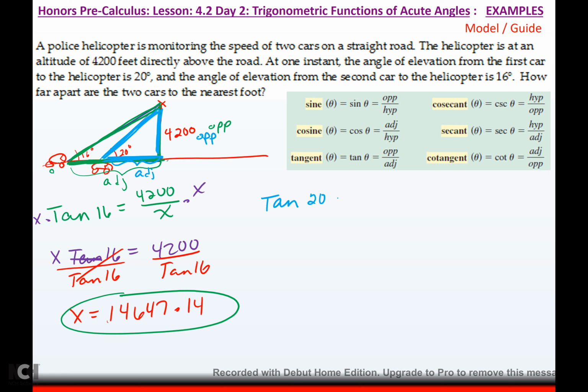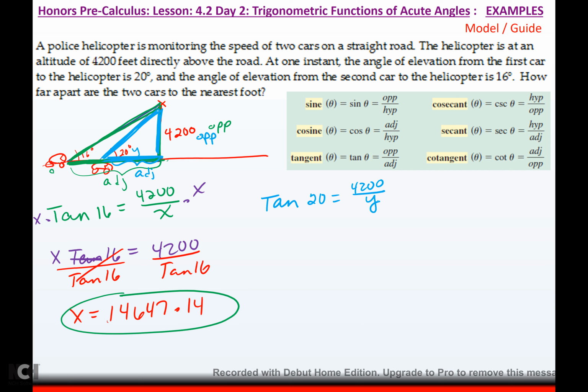because the angle is different now, equals 4,200 over, let's call this y. I don't want to call it x, because that would indicate that it's the same length as the other, and it's not. So to solve this one, I'm going to multiply by y. So I have y times tan 20 equals 4,200.